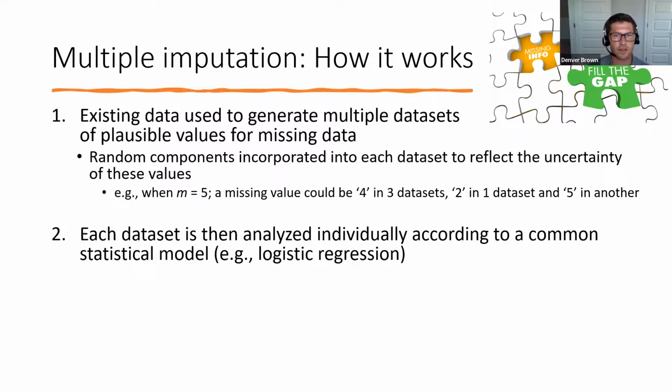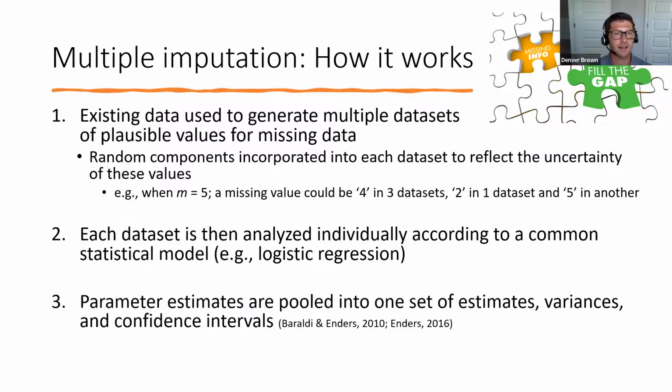And then lastly, according to Rubin's rules, we're going to pool everything together so that we can have one set of estimates, variances, and confidence intervals. And that's it. That's multiple imputation in a nutshell. There's obviously a lot more to it, but essentially you're creating multiple data sets with randomness incorporated into it. Then you're going to analyze all these data sets individually and then pool them together to look at the estimates.